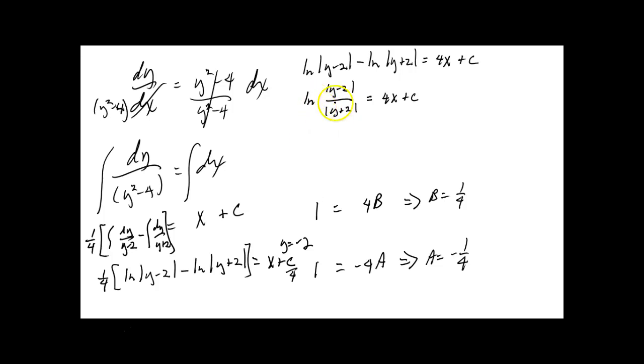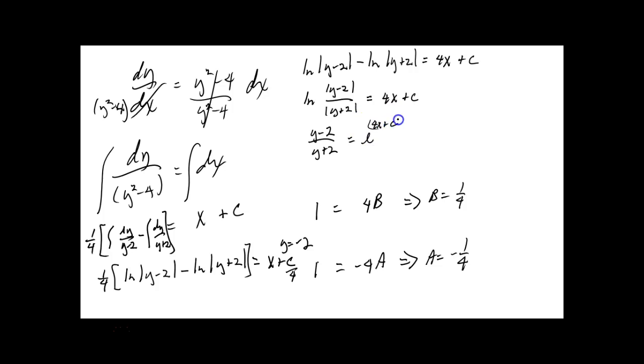Exponentiate both sides. So the left-hand side becomes (y minus 2)/(y plus 2) is equal to e to the 4x plus c.